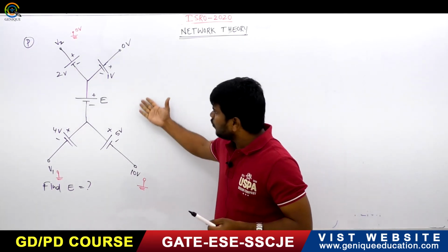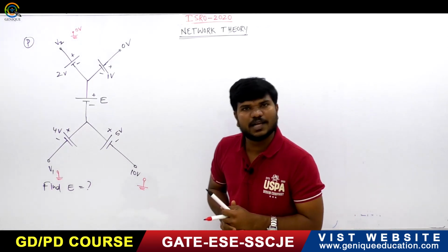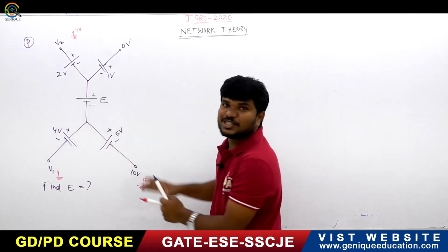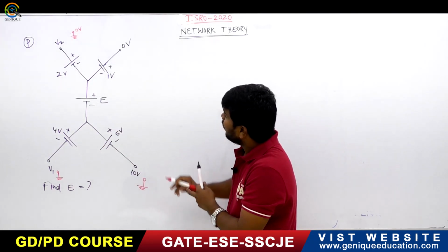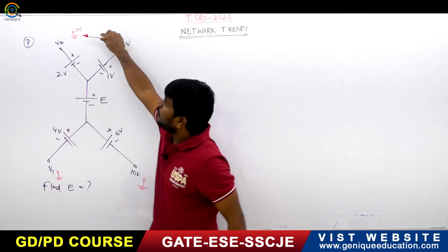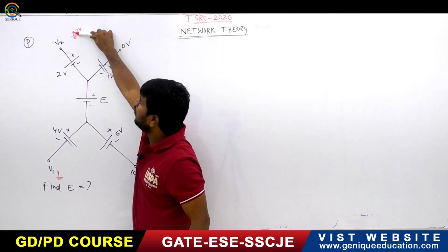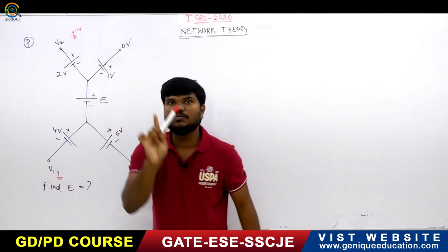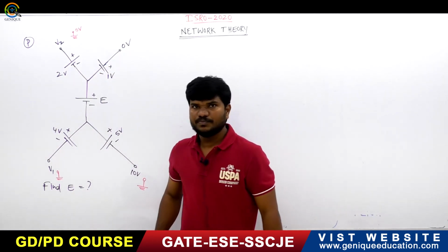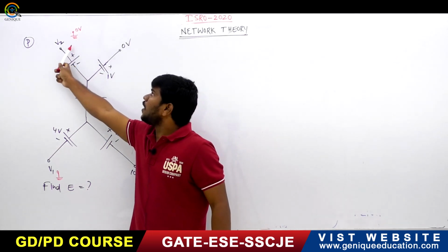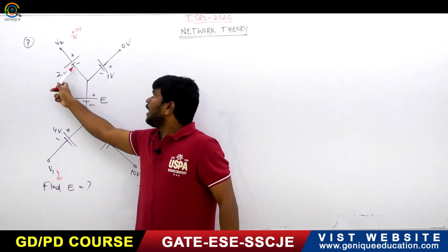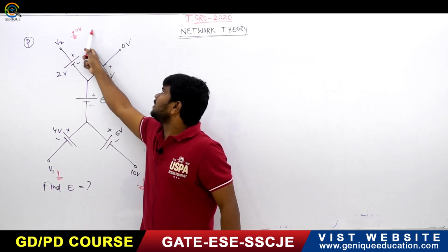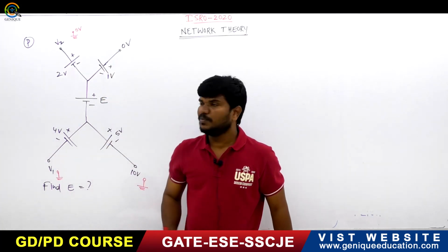Now which loop? Is there any loop observed here? There is no loop actually, but observe the voltage. If you start from ground and come to the ground, that will become one loop. If the current starts from ground and goes like this and reaches the ground, that means one loop.